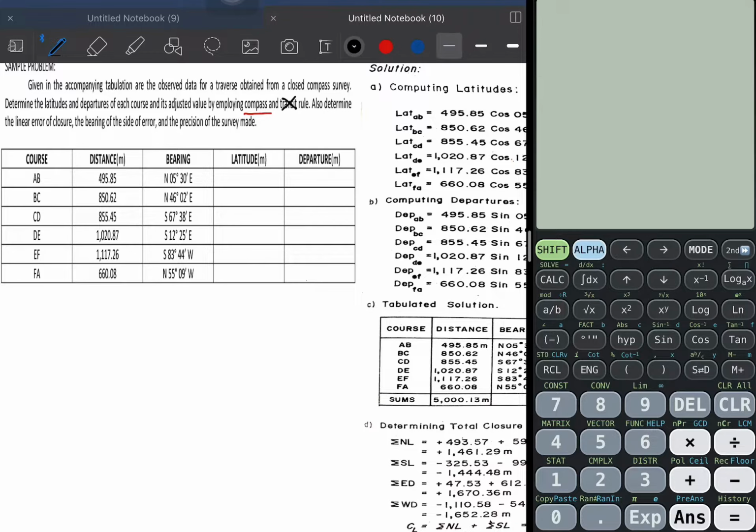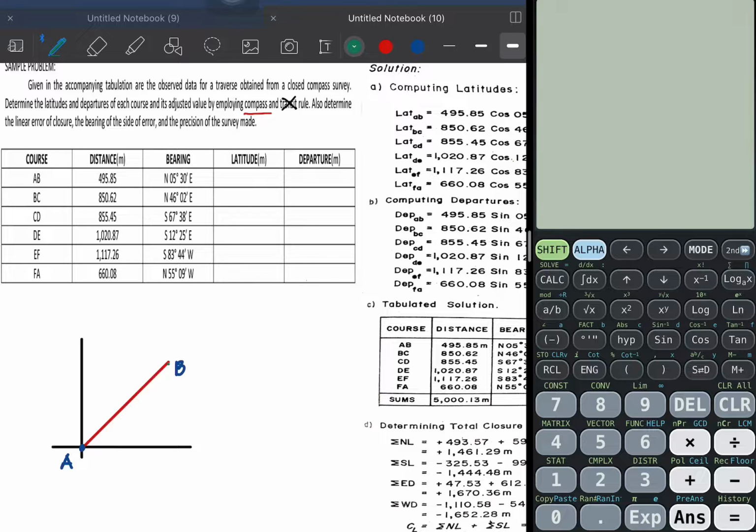So usually you have these lines. For example, this one. You have line AB.